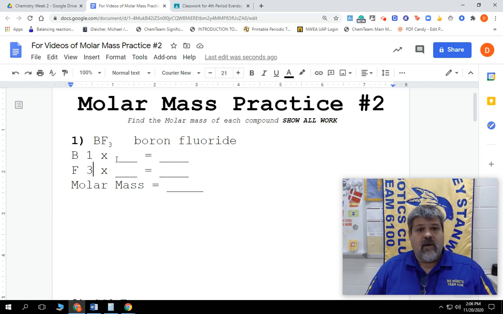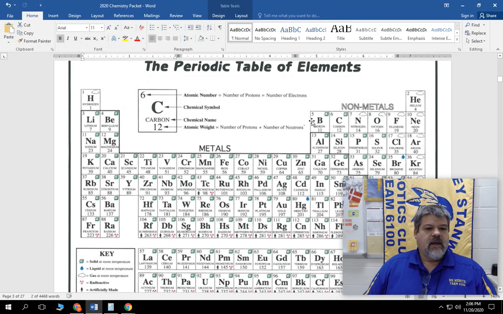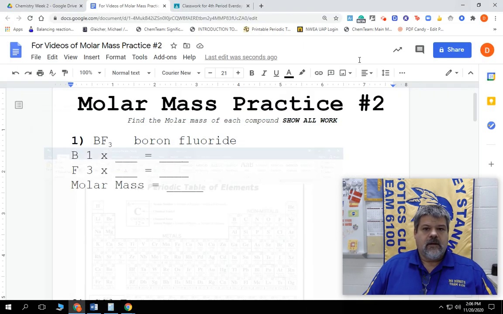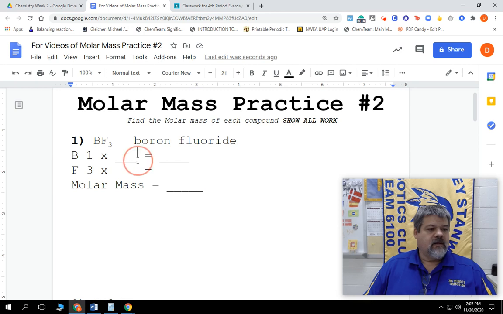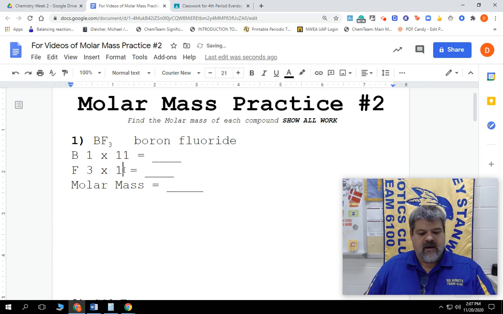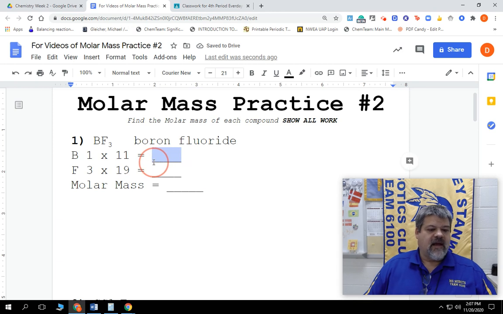Where do we find atomic weight? We go back to the periodic table. Boron is 11 and fluorine is 19. The atomic weight is the larger number in the box. Now we total this out. 1 times 11 is 11.